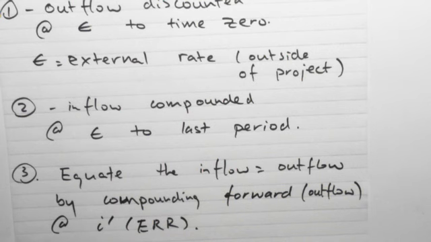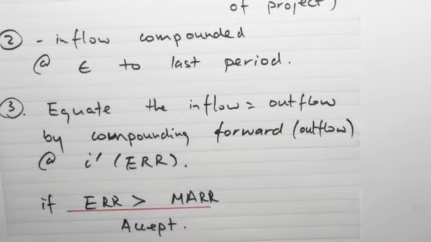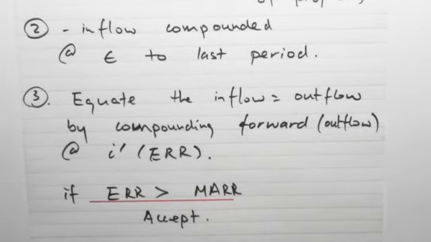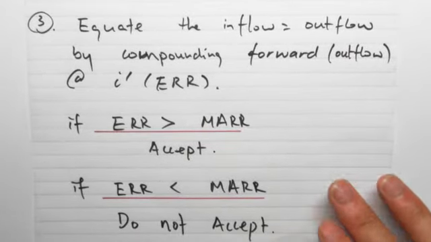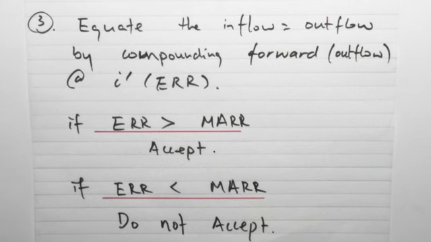Once you have done that, we will be able to work out our external rate of return, and if it is greater than MAR, then we will accept the project. Otherwise, if the external rate of return is less than MAR, we will reject the project.